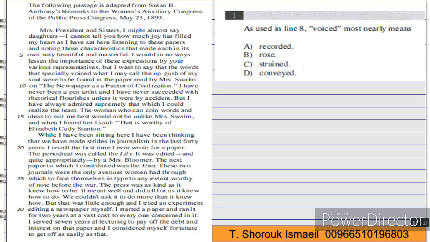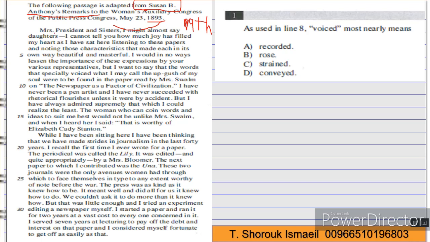So the first thing I notice is that the author here is a woman, so she's talking about some of women's rights, just without thinking about it. And this happens in the past. I have here 1893, which means it's the 19th century. So I'm talking about something historical, something that is not that modern.